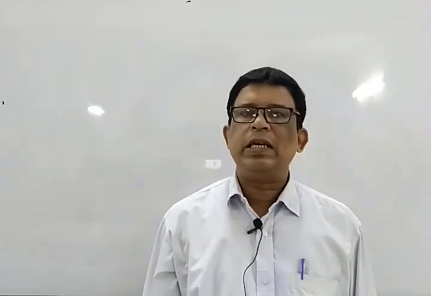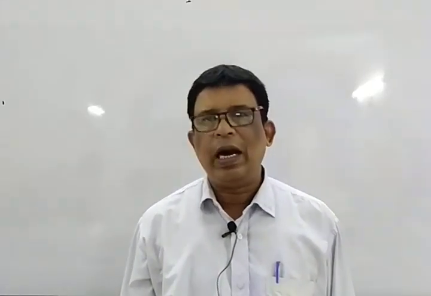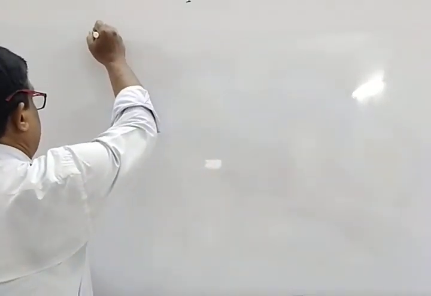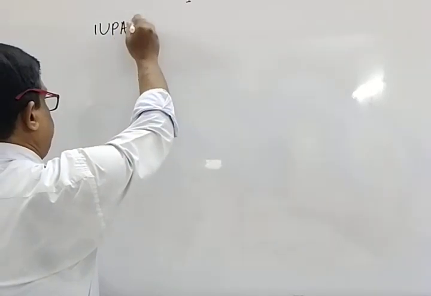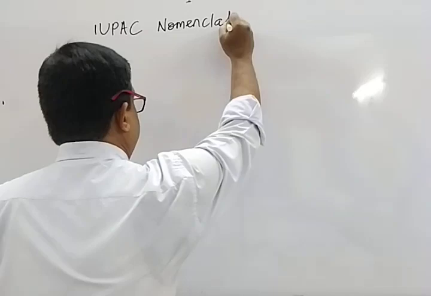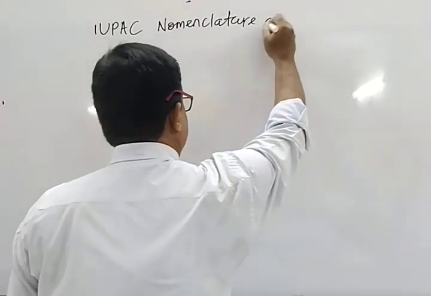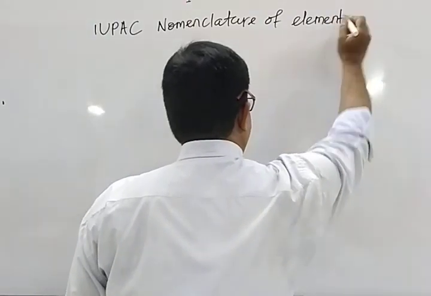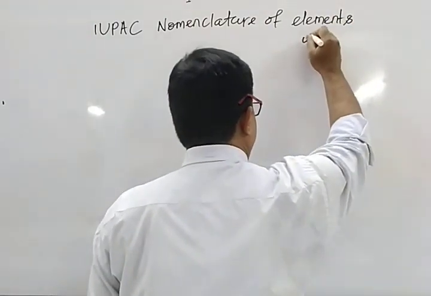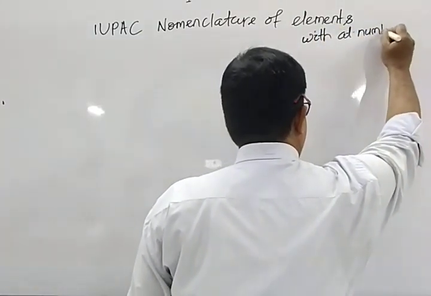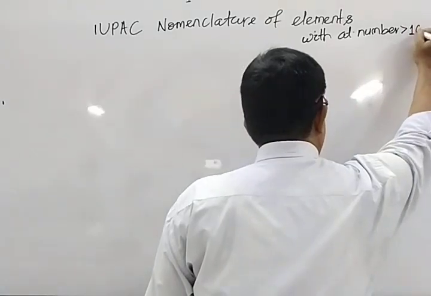So let us start with the first one, the IUPAC nomenclature of elements with atomic number greater than 100.